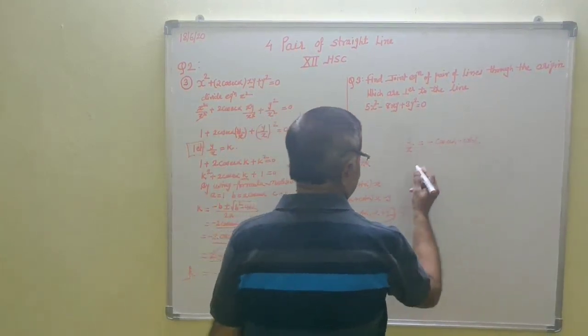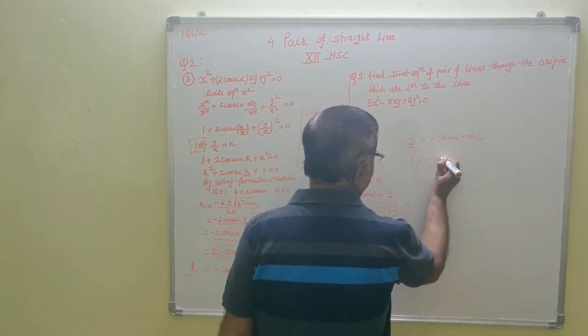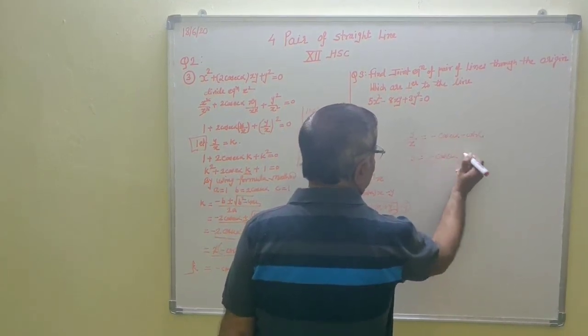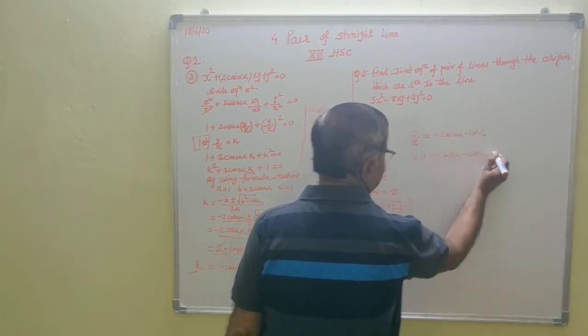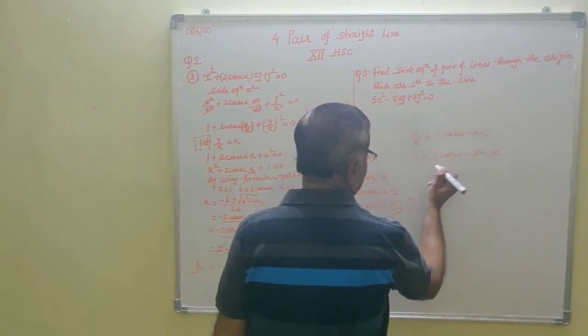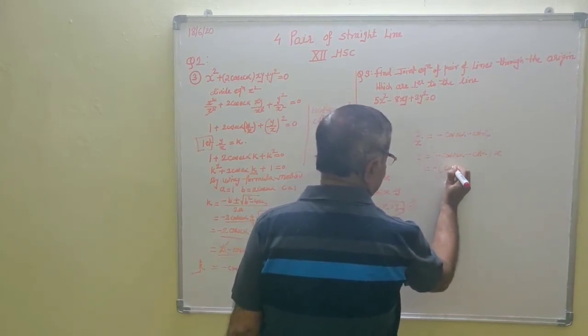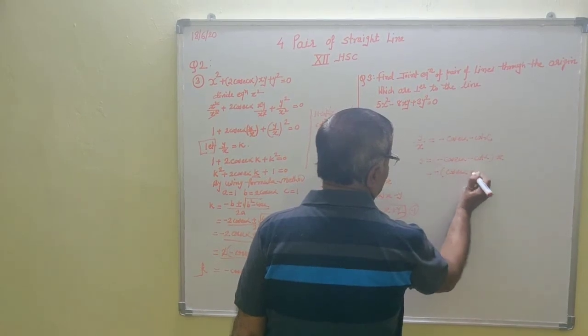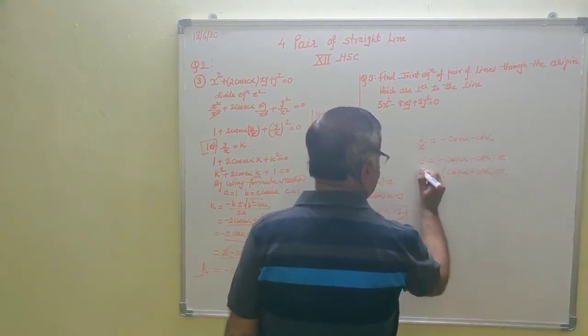Now again I will transfer x to that side. So what will we get? Minus cosec alpha minus cot alpha into x. From this I can take out the minus sign and transfer: cosec alpha plus cot alpha into x is equal to y.